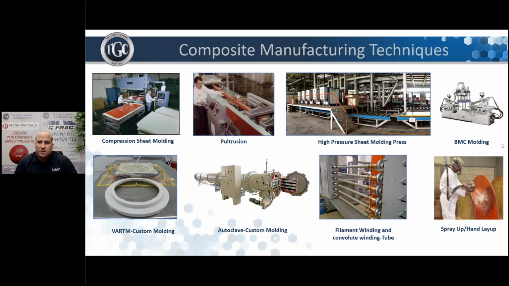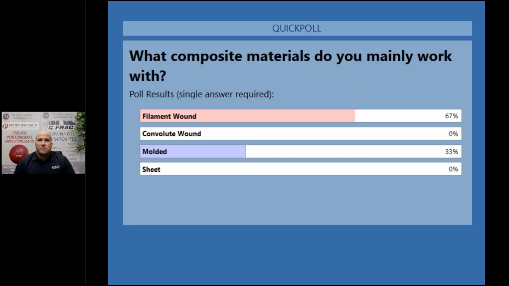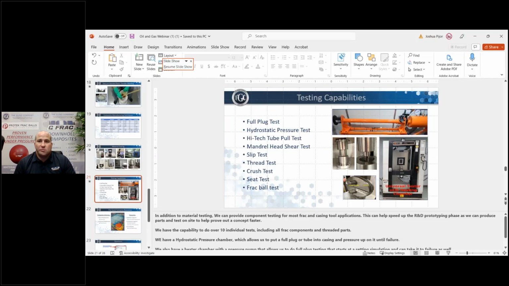And we'll close it. About 1/3 molded and 2/3 filament wound. Yep, it's about 67% filament wound, 33% molded, and I'm sure some of you utilize both with some of your hybrid plugs and tools.